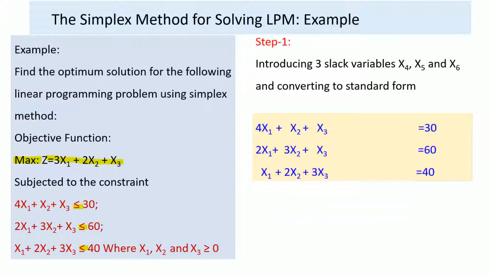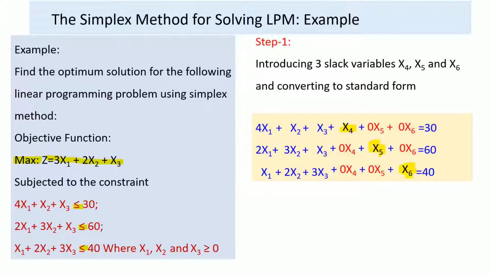Look here, we have to add the slack variables to convert the less than or equal to into equal to. x4 is added in the first constraint, as you see, and to make an equivalent number of columns with the other constraints, we have to add all the slack variables to each constraint by making the coefficient 0 where they do not belong. So in the second constraint we have added x5, and in the third constraint we have added x6, and on the remaining we make the coefficient of the slack variables 0.